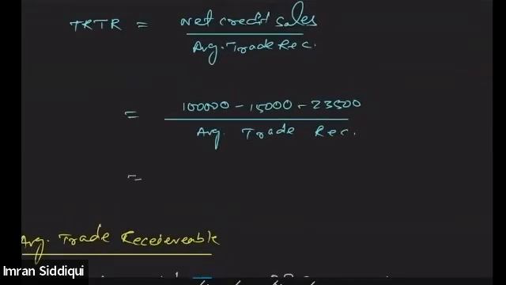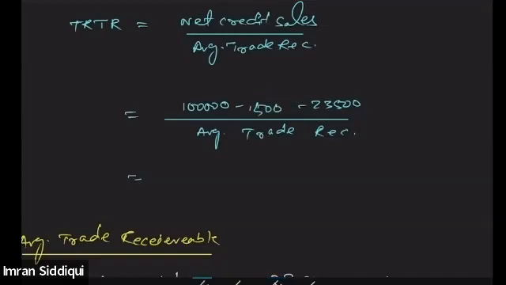It will be 1 lakh minus 15,000, minus 23,500. Calculating it, we'll get the total credit sale as, just a second. It's 1,500 only, no? This is not 15,000. It's 1,500 only.